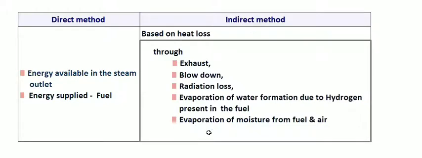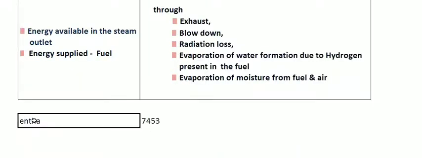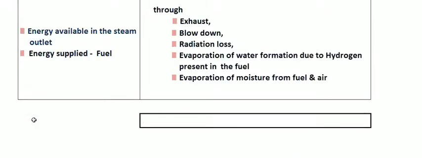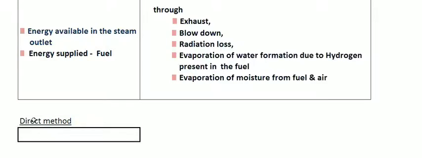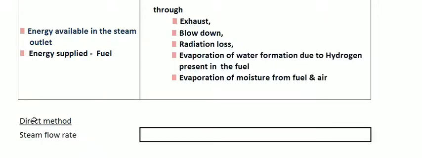So let us calculate the efficiency by the direct method. We'll give this simple example for direct method efficiency calculation. Let's see what inputs we need. First, the steam mass flow rate. The steam flow rate is 37.5 tons per hour.